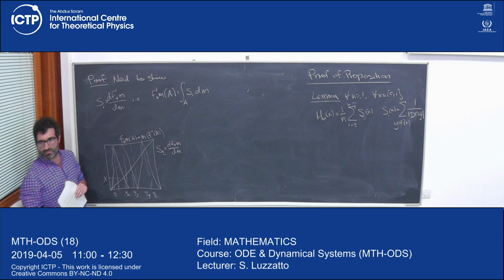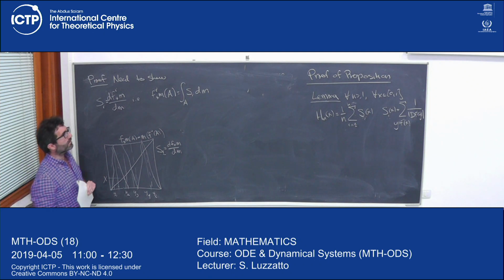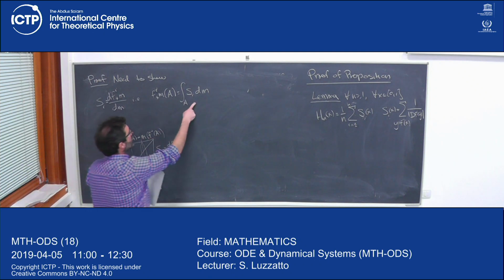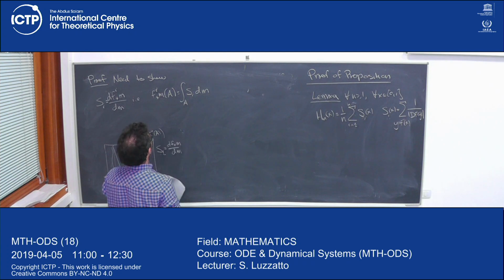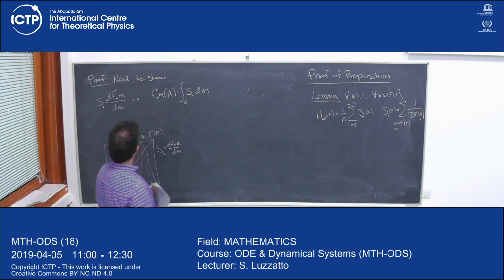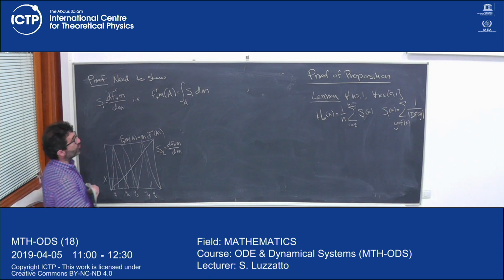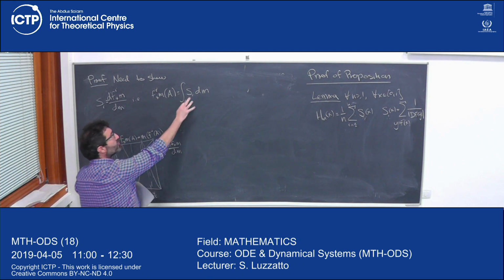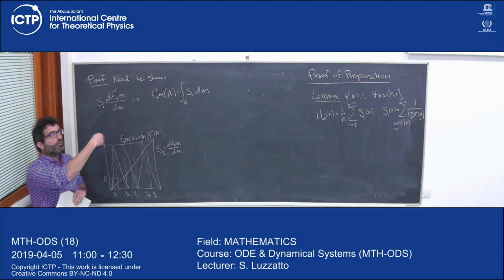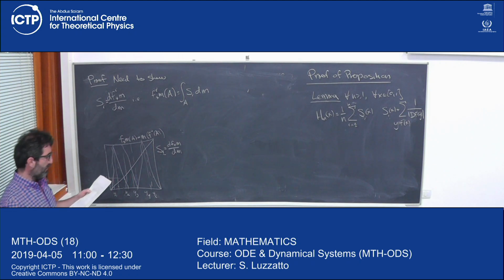Right, that's the definition of the density. Okay, so we need to show this. It is enough, as always, to check this for intervals. It's easier, and it's enough to suppose that A is an interval. If you can show that this holds for every interval, then it automatically applies to all measurable sets.